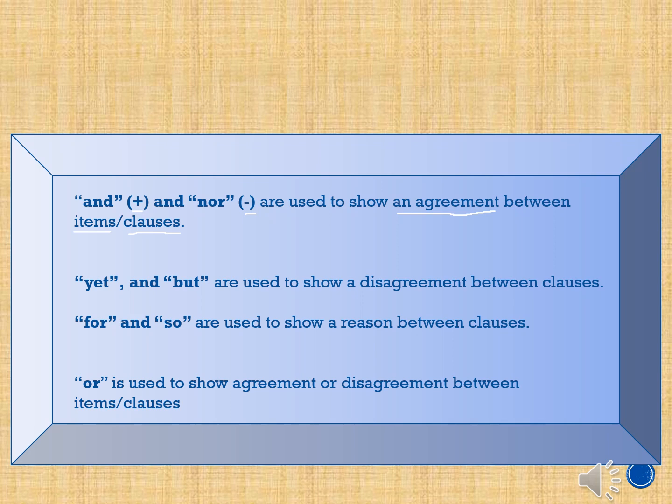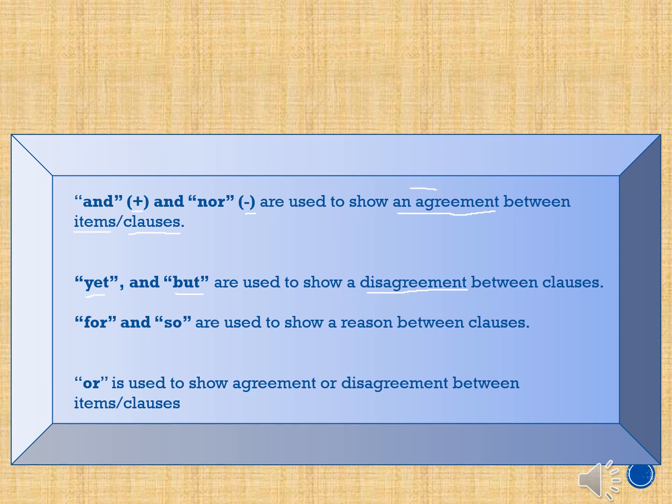Remember this: yet and but are used to show a disagreement between clauses. So one part is going to be different than the other part. The first independent clause is going to have a different meaning than the second one. They don't agree. Look at number 1. With and, nor, yes, they agree.